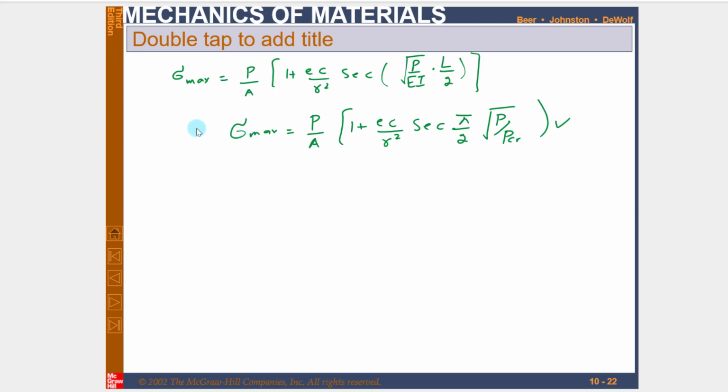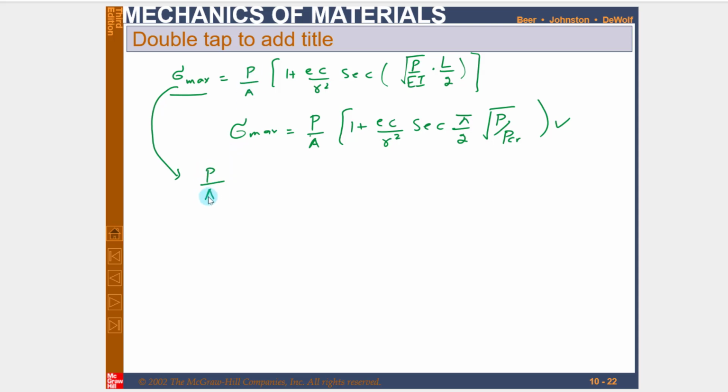Now if you further look at this formula, you can write it in terms of P over A. So if I take this equation and rewrite it in terms of P by A, P by A will be over here.